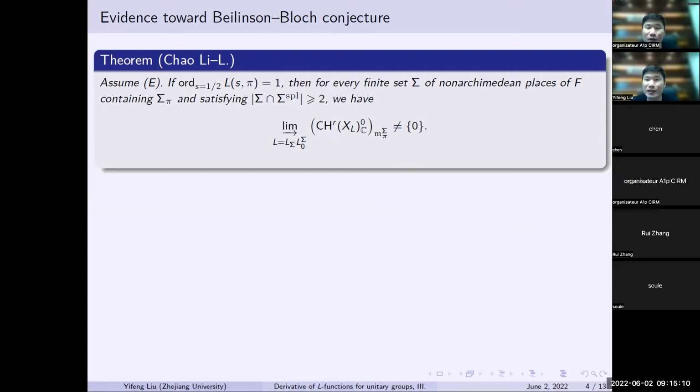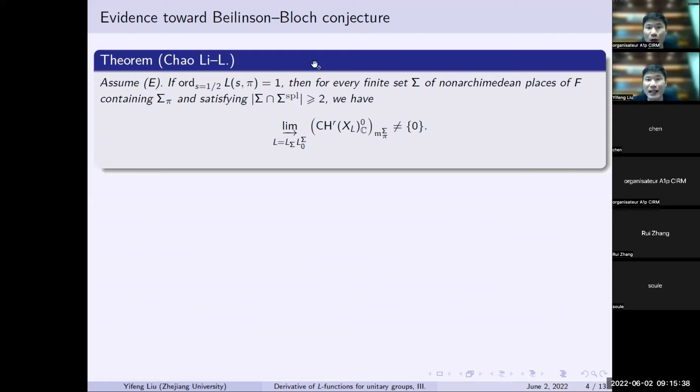And at sigma, we consider all possible levels. Then each one will receive an action by the Hecke algebra away from sigma. So it makes sense to localize this abelian group, this complex vector space, at the maximal ideal determined by this representation pi. And you take the limit, you allow this level at sigma to vary, and this is non-zero.